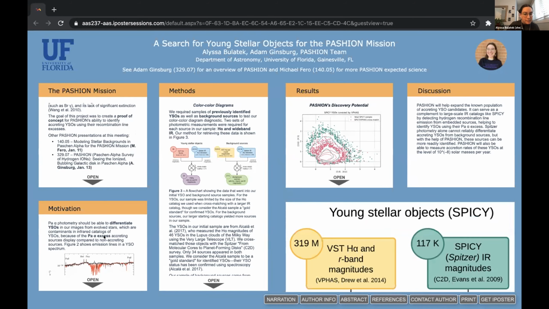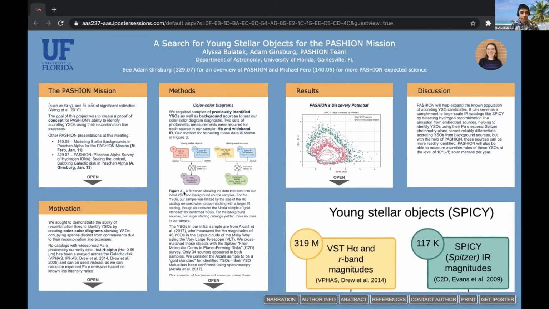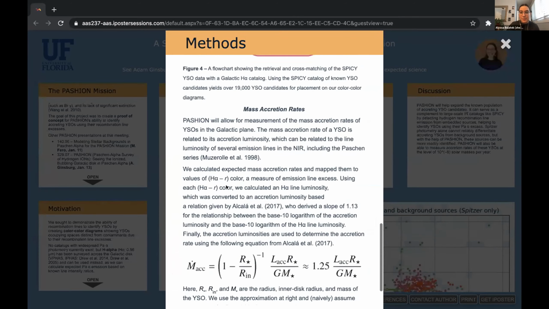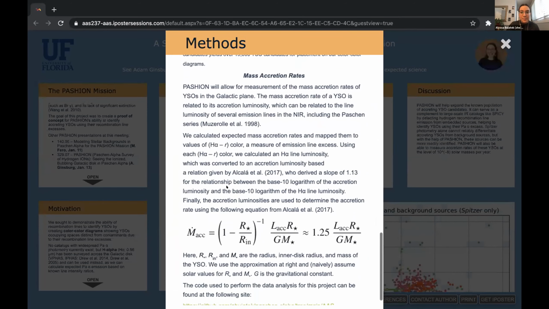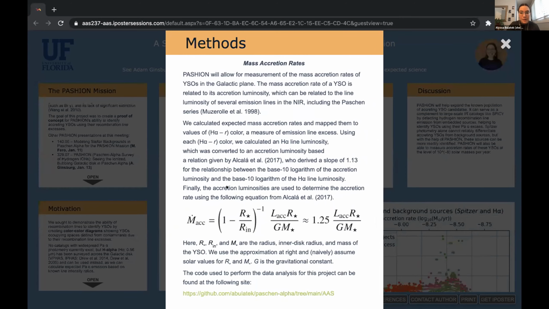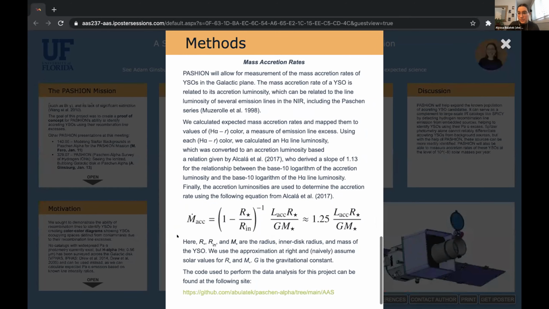Let's see. What's the most challenging aspect of this work for you so far? I think the most challenging thing was actually doing these estimates of the mass accretion rates, which I did quite last minute. It was a recent addition to my poster. If anybody has been looking at my poster long term, we made a lot of very simplifying and naive assumptions in these mass accretion rates.